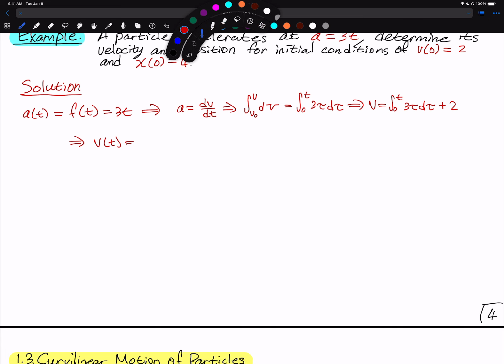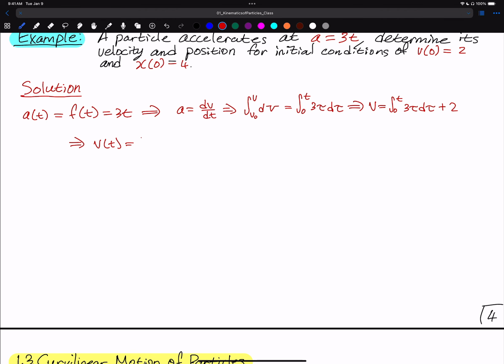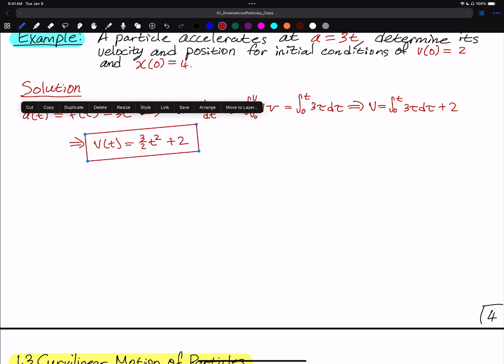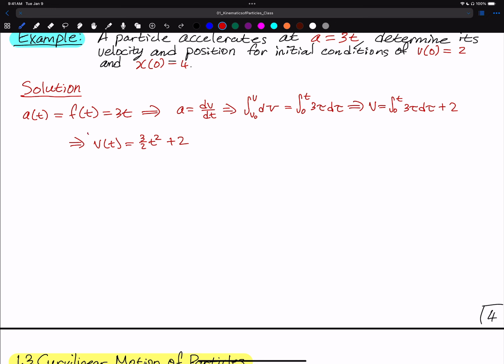So 3 over 2 times 0 is 0, and 3 over 2 times t squared is exactly that, where the 1/2 comes from integrating tau. So we get 3 over 2 t squared plus 2. And that is our velocity as a function of time.